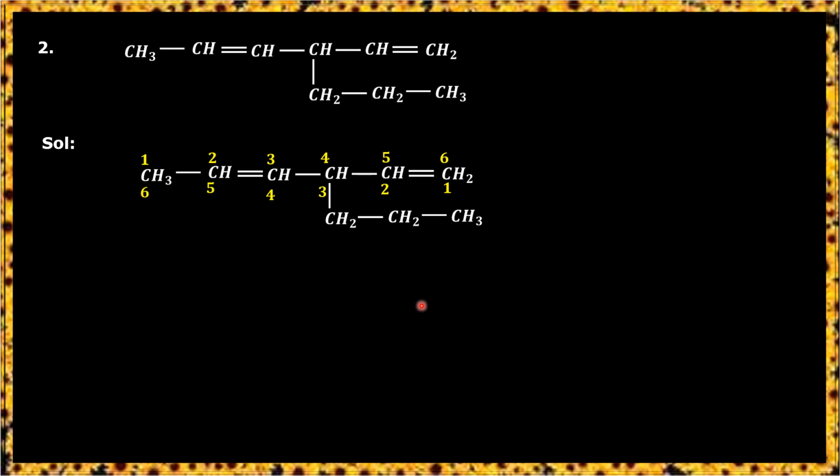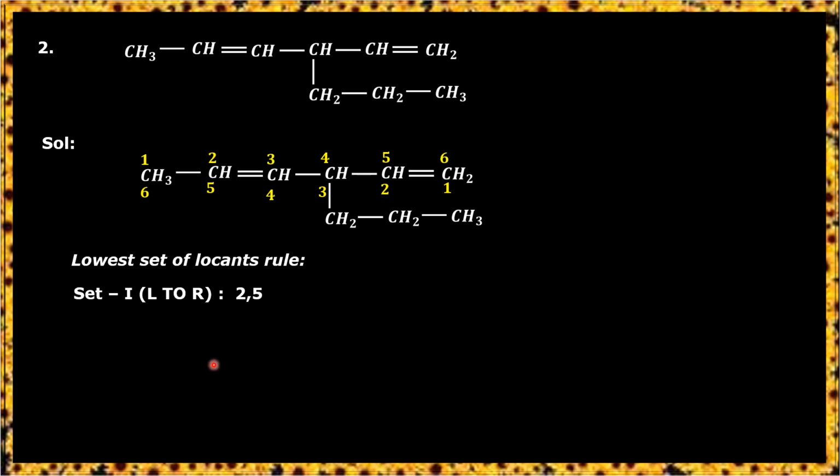In order to know that, I am going to use the lowest set of locants rule. Locants means the positions of the carbon atoms to which double bonds or triple bonds are attached.